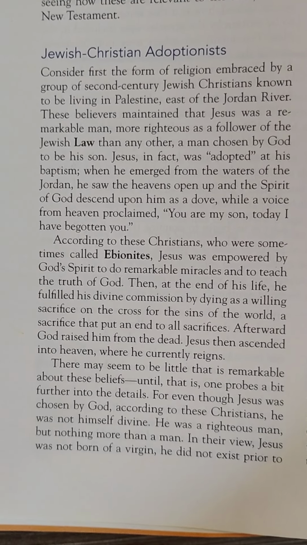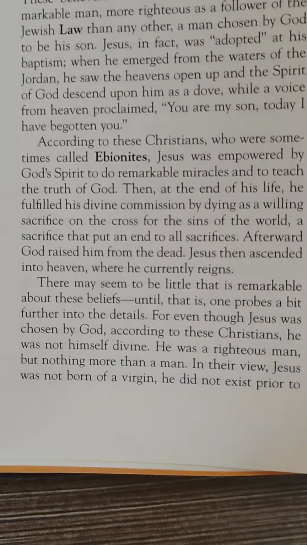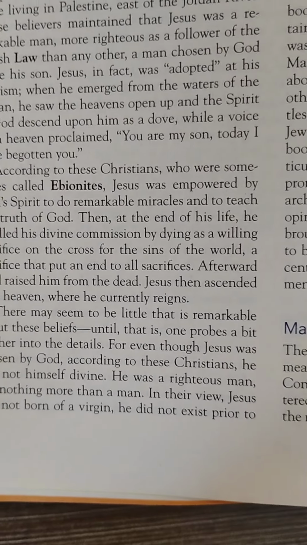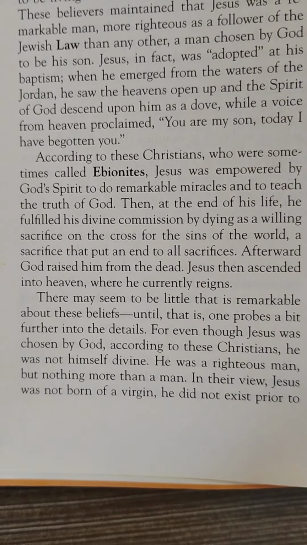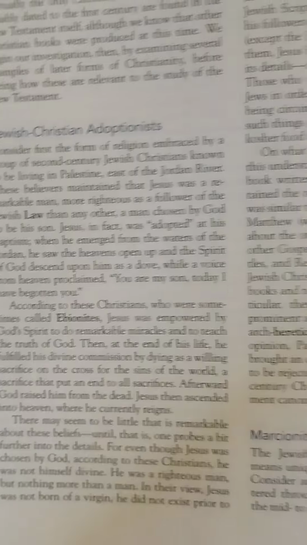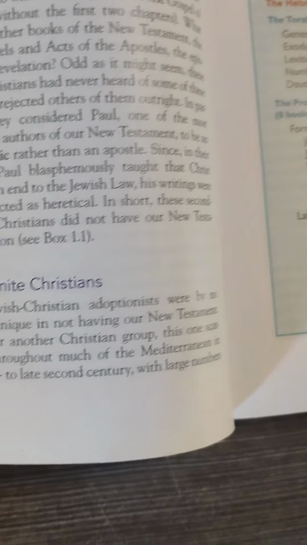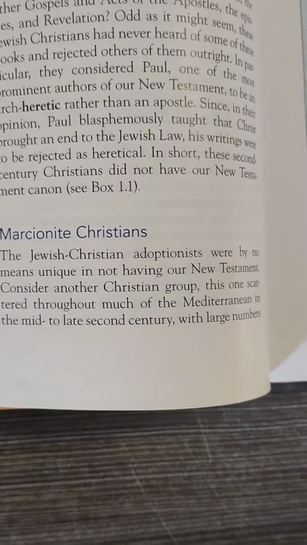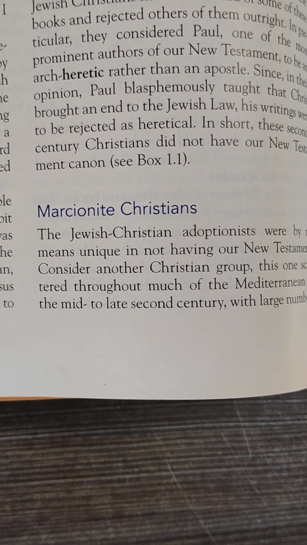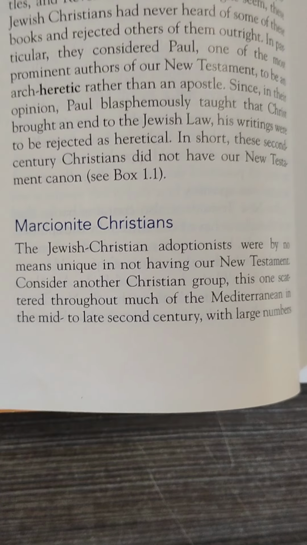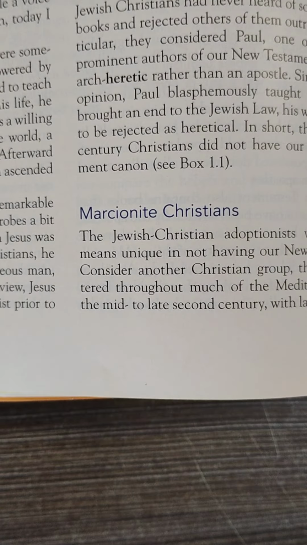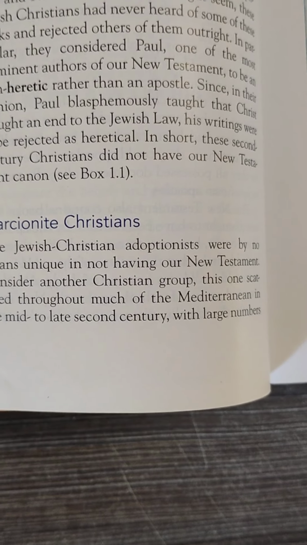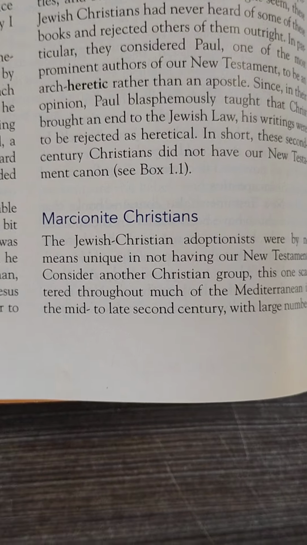Okay, so that's the Jewish Christian adoptionists, who were sometimes called Ebionites. Okay, and then we have this Christian set, the Marcionite Christians. The Jewish Christian adoptionists were by no means unique in not having our New Testament. Consider another Christian group. All right, flip the page.